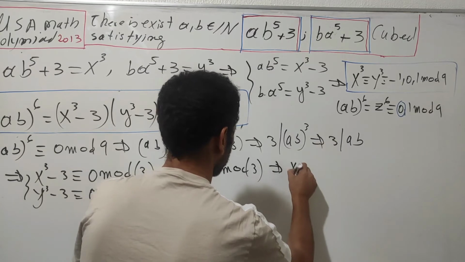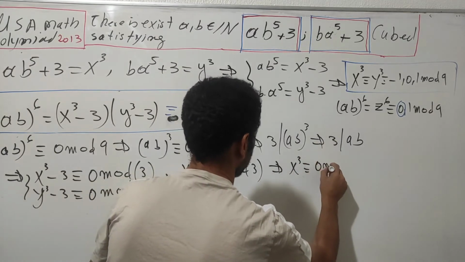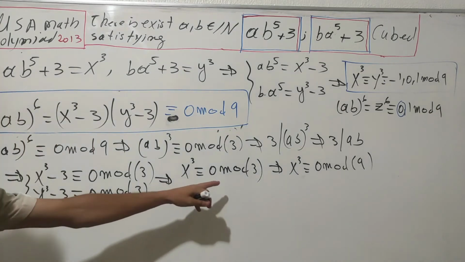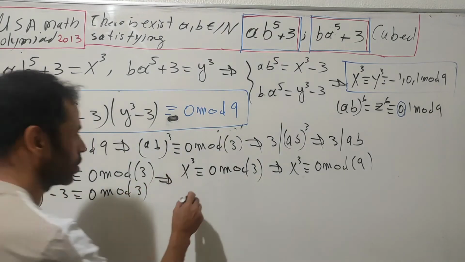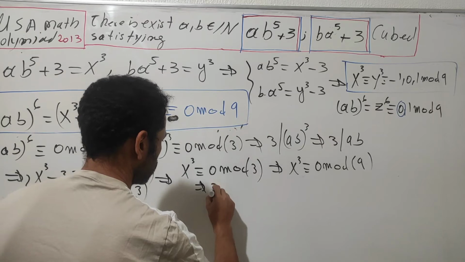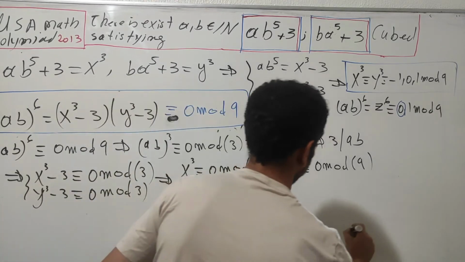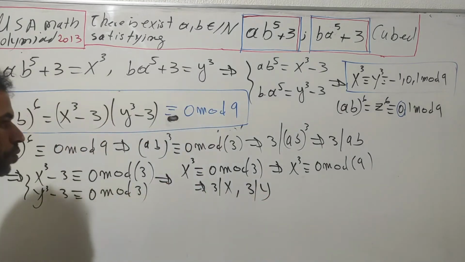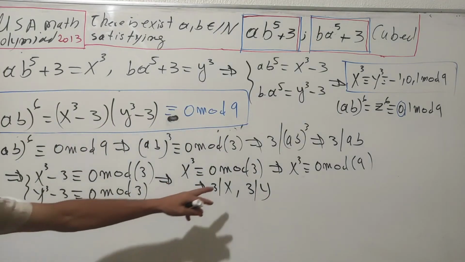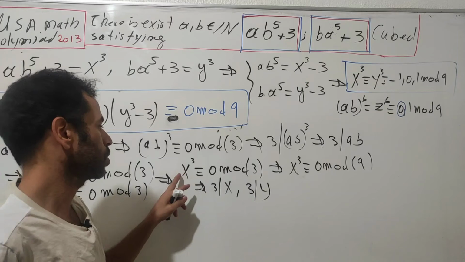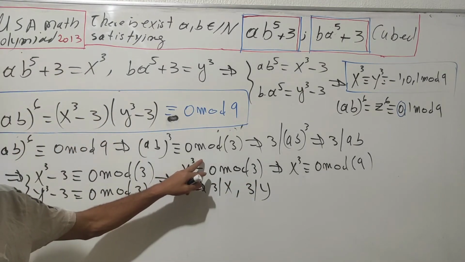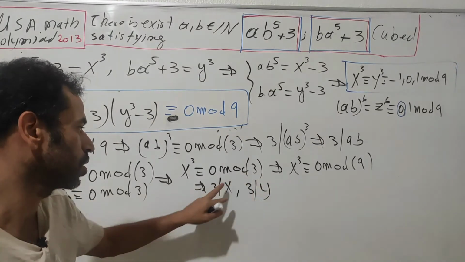You can put x cubed is congruent to 0 mod 9 as well, or 27, because 3 always divides x here. So 3 divides x and 3 divides y, because 3 is a prime. Always this one divides x. We don't care about the exponent. Whatever the exponent is, in the end 3 divides x.